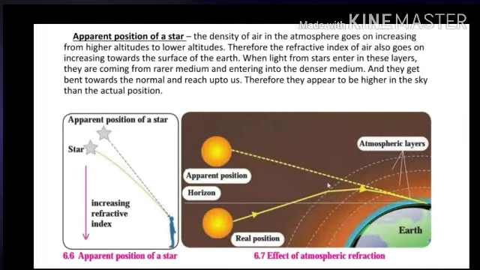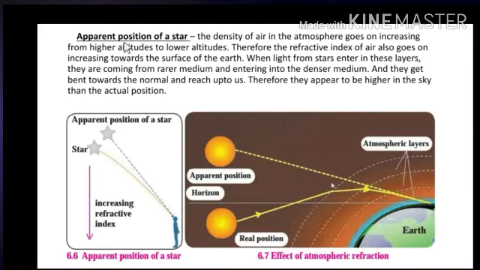Now, the next phenomenon is the apparent position of the star. What is the apparent position of the star? आभासी स्थिती आपण त्याला मराठीमध्ये म्हणूया. The density of air in the atmosphere goes on increasing from higher altitudes to lower altitudes.